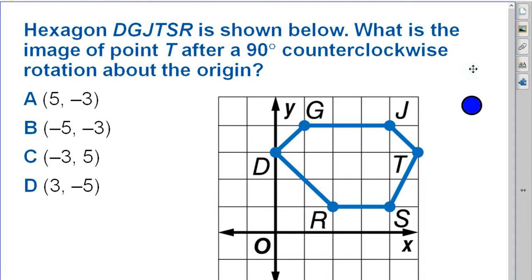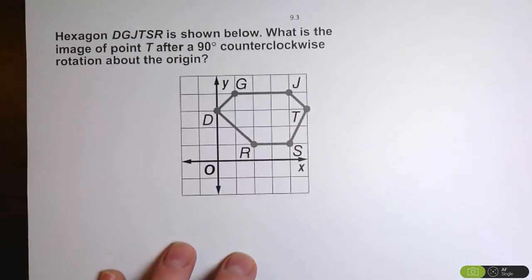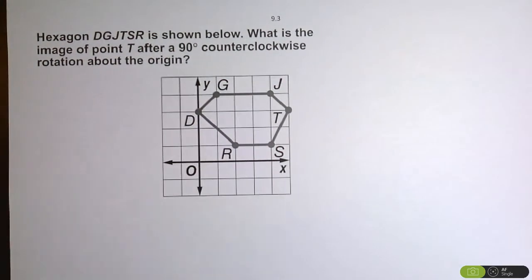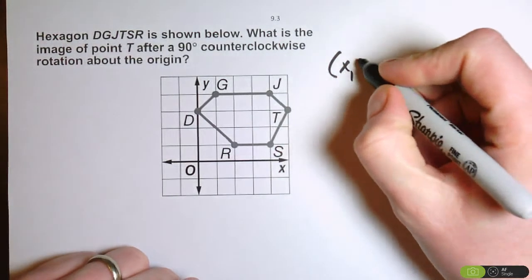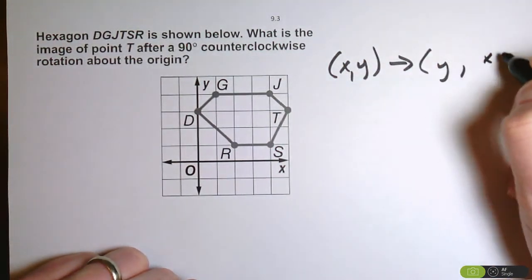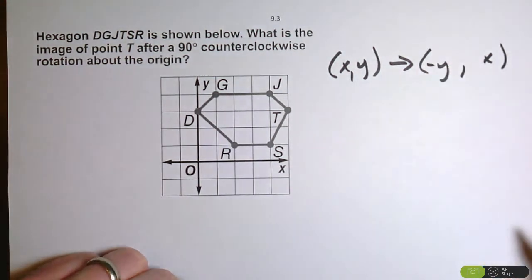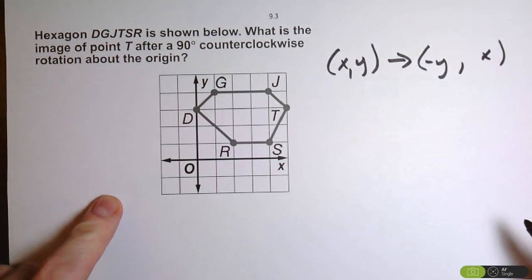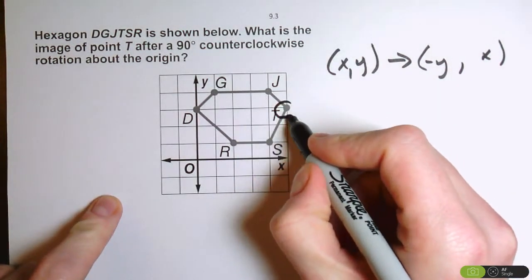So the formula for 90 degrees counterclockwise is you take x, y, and you swap them, and that's what I always think of first, is swapping them, and then switch the sign of the y. So here is point T, right here.